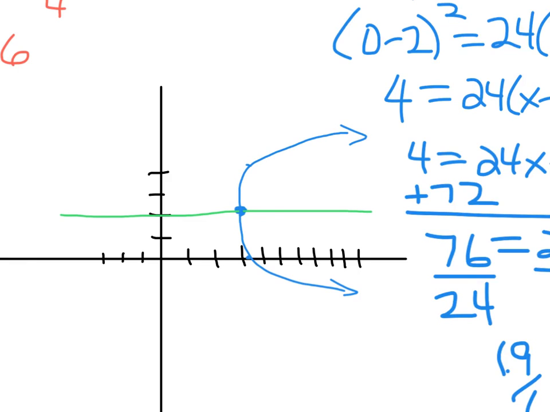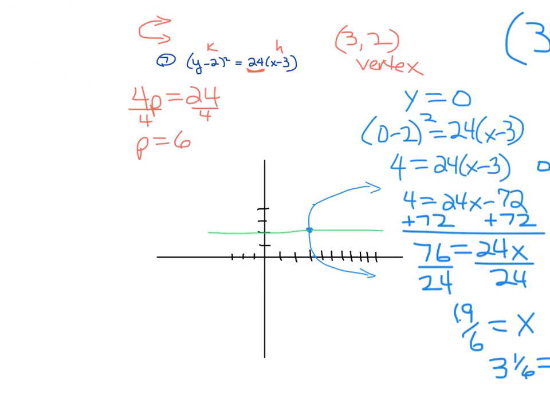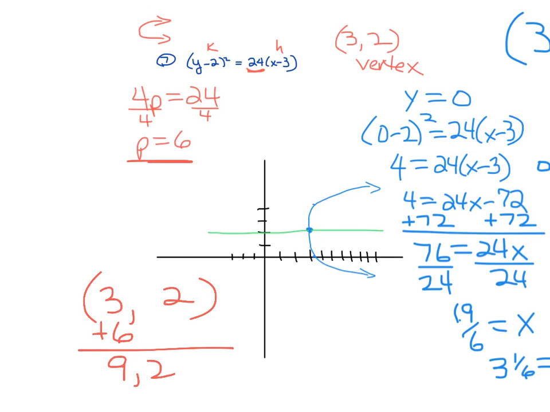And now I need to find the focus point. So the focus point, again, take the vertex. This time it's a C, so we're going to add the value of P to the X value. So I get 9, 2 will be my focus point.